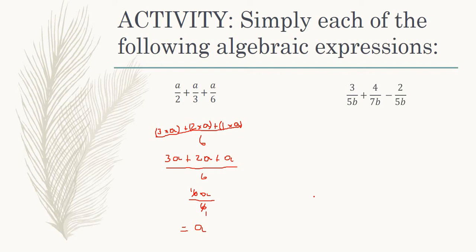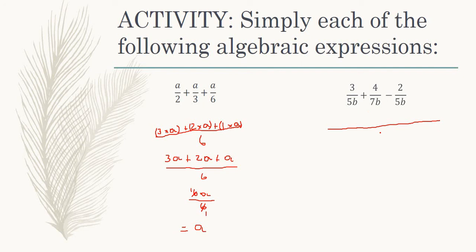Alright? Now for the second one, we have 3 over 5b plus 4 over 7b minus 2 over 5b. Again, what you need is to find a common denominator of all the denominators that we have here. So what would be the common denominator?